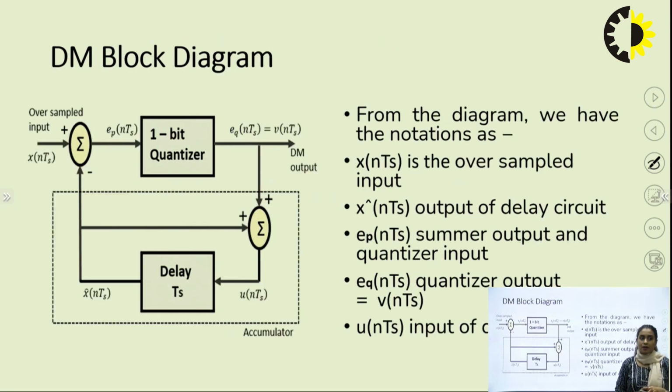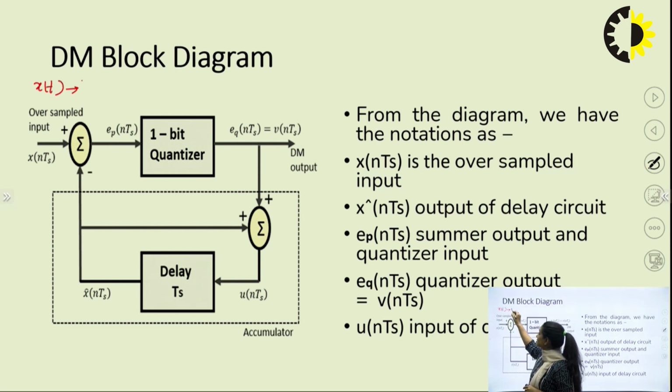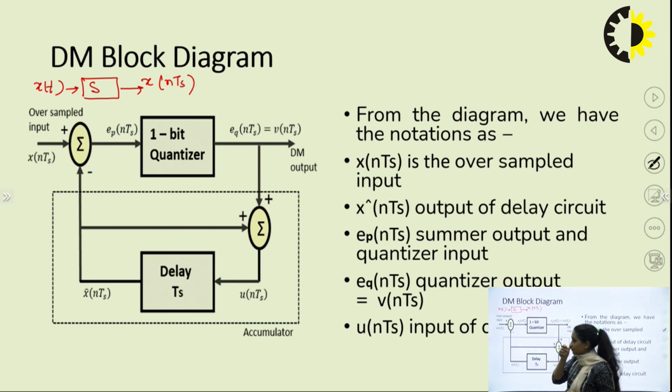This is how my delta modulator block diagram looks. At the input, I provide a signal, which is my x(t). This is my analog signal. After passing it through a sampler, what do I get? I get x(nTs), that is the sampled version of my message, right?